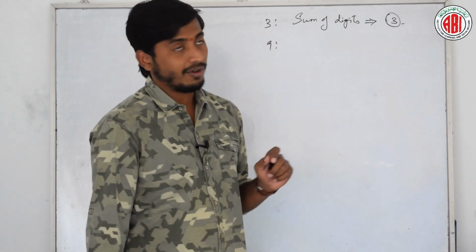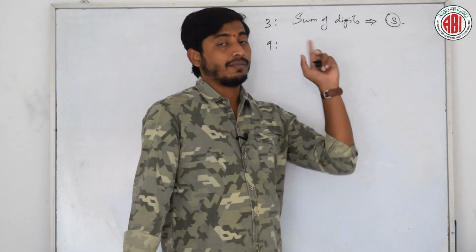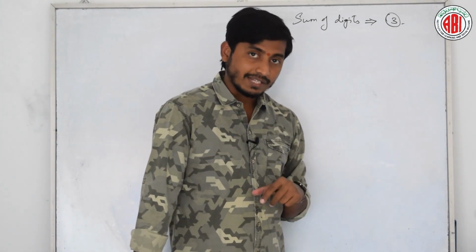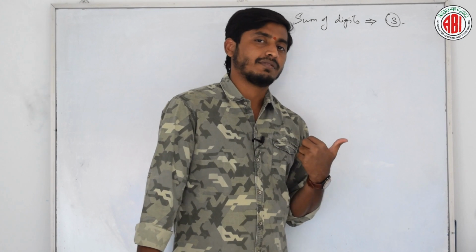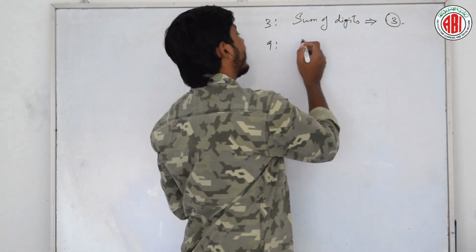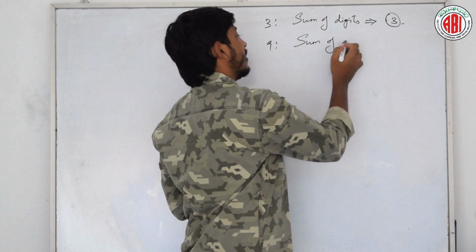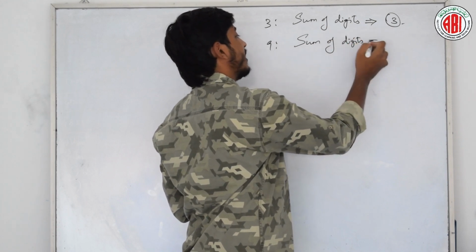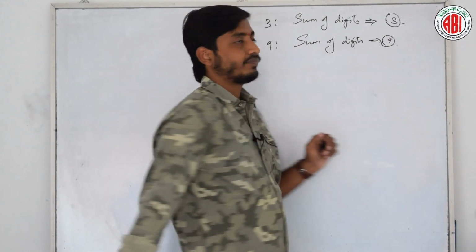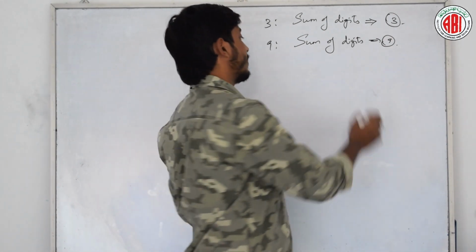Similarly, for 9, the sum of digits must be divisible by 9.